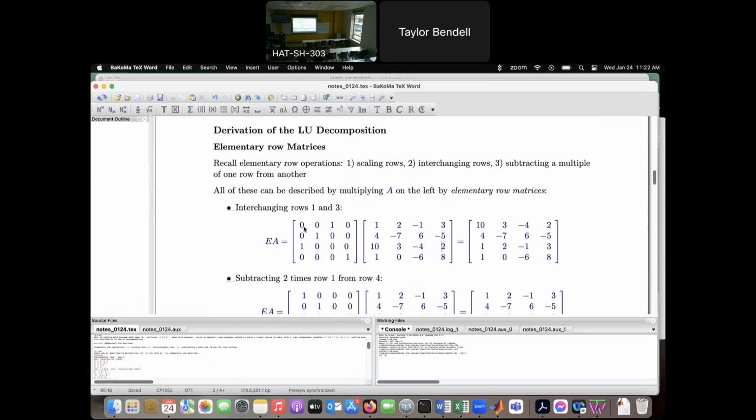As an example, the row operation of interchanging the first row and the third row is equal to multiplying by this matrix that has rows 1 and 3 of the identity swapped.